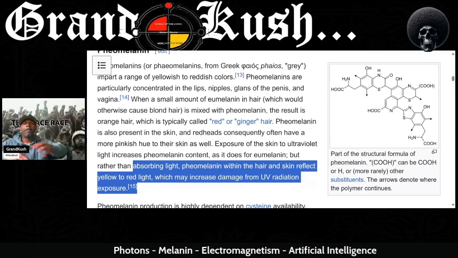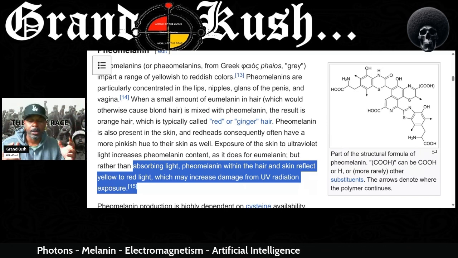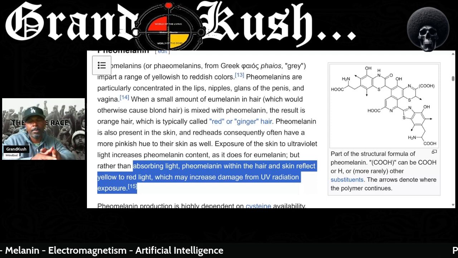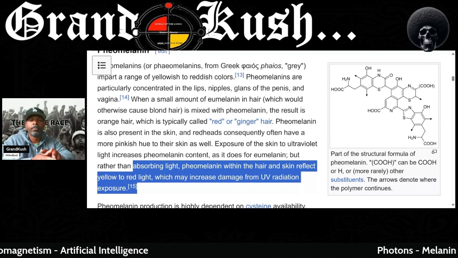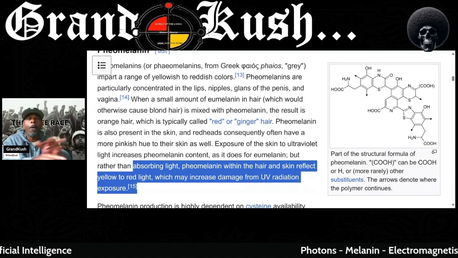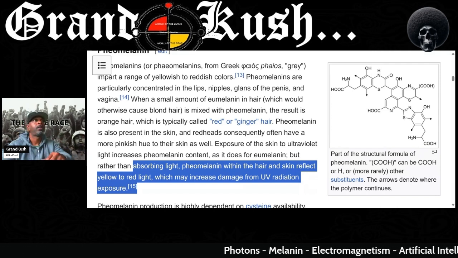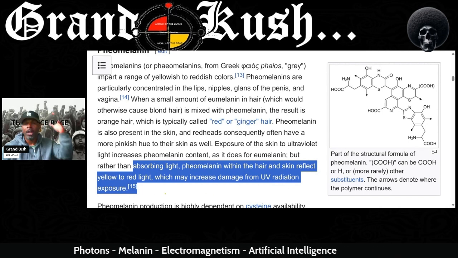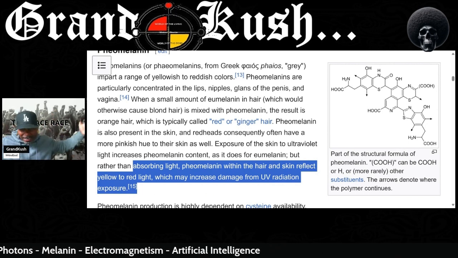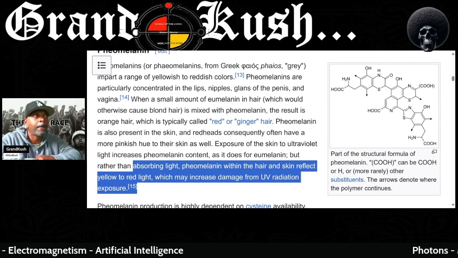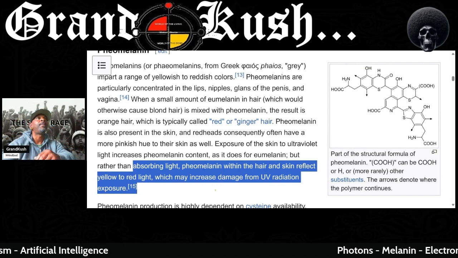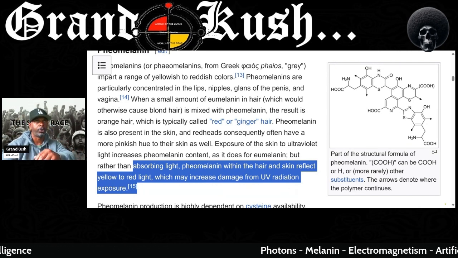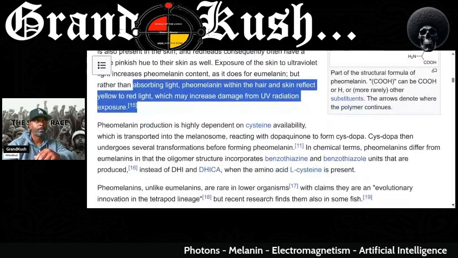So there's no melanin activation within the hair and skin. All the blonde hairs are reflecting the light, which may increase damage from UV radiation exposure. Right.